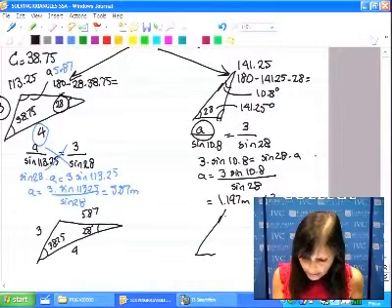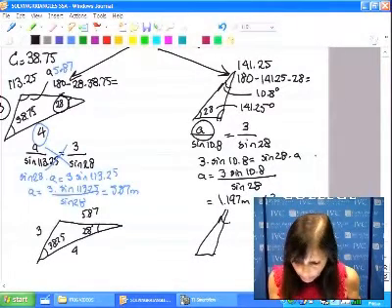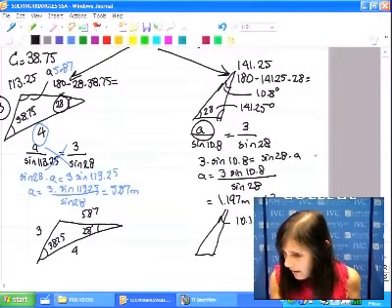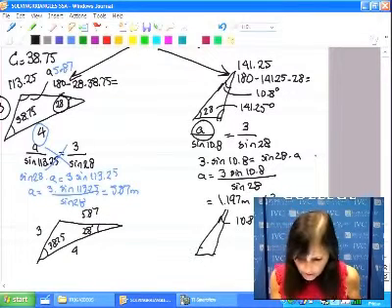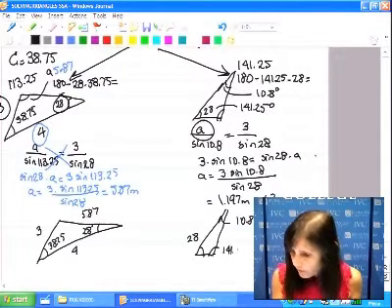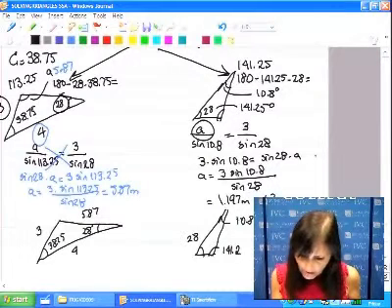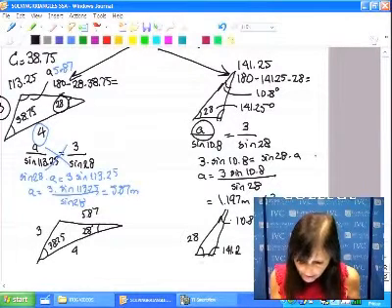The other one, I just put it down. It's going to look like this. And that is going to be 10.8. And this one is 28. And this one is 141.2. And the one that is opposite of 10.8, that's going to be 1.2.